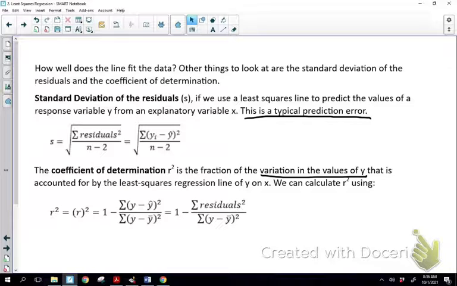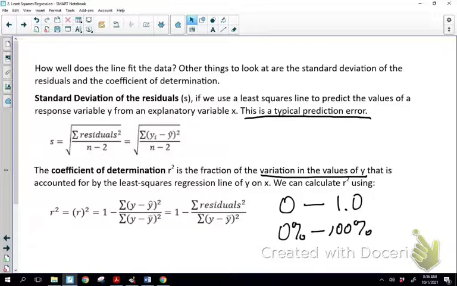So the higher R squared is, it can range anywhere from 0 to 1.0, or it could be in percent form up to 100%. When I describe it, I tend to use percent, but you can keep it in proportion, fraction form, whatever. But it's explaining how much the dots are hopping around the line, if that makes any sense.